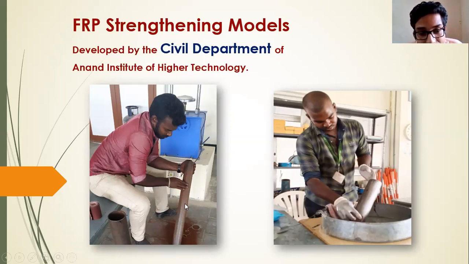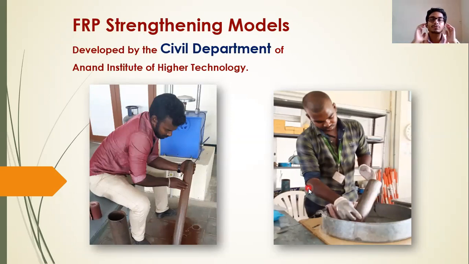So you can see the difference after all the rust has been removed. You can see how much rust has been removed with the sandpaper, and after applying acetone, how fresh the surface is and how suitable it is now to apply the FRP.